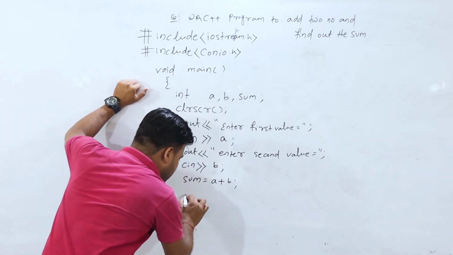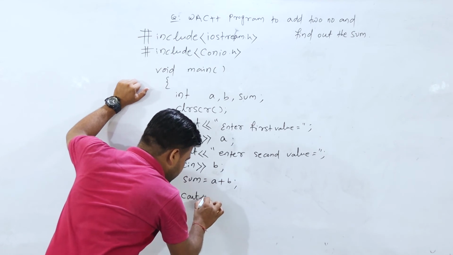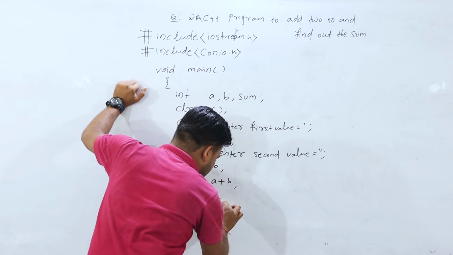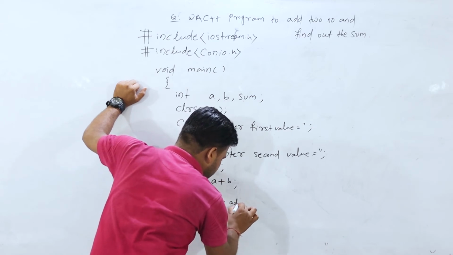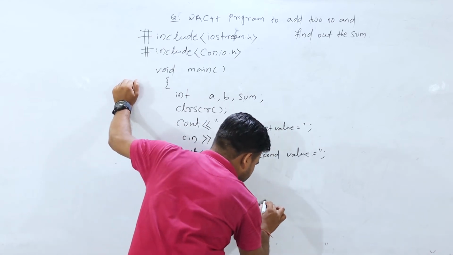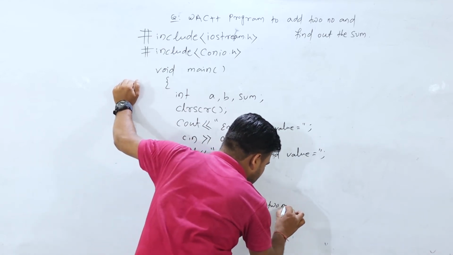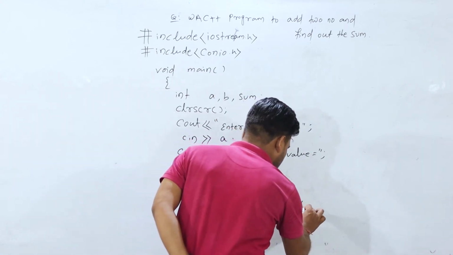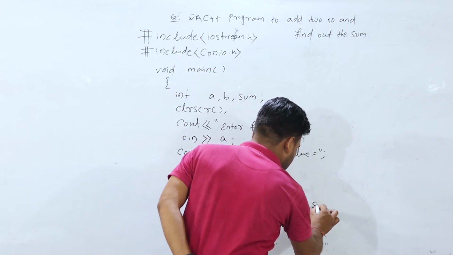So you have to write cout and give a message: "The addition of two number equal to", then sum.